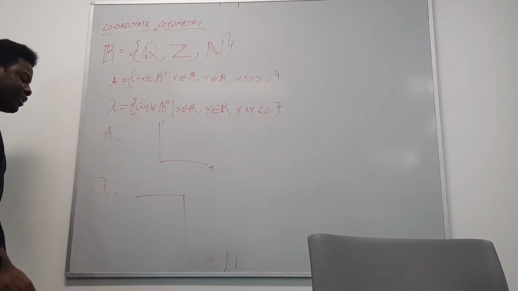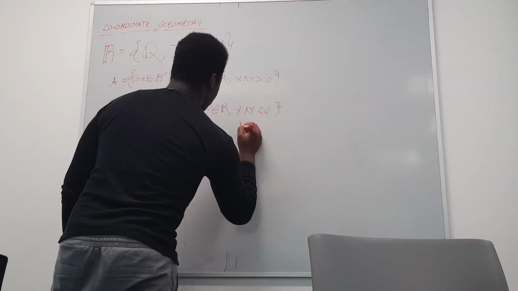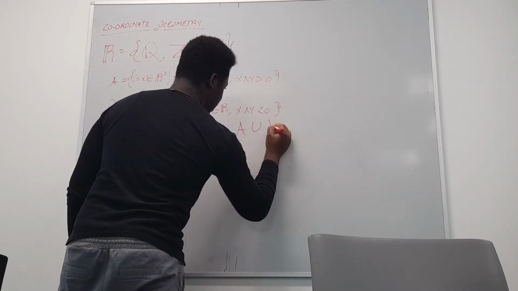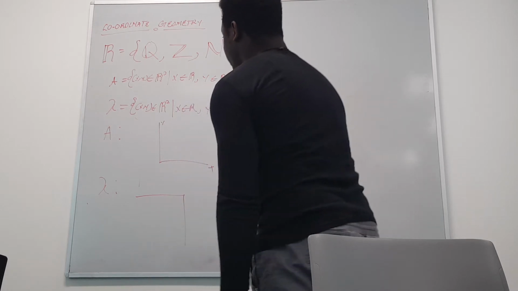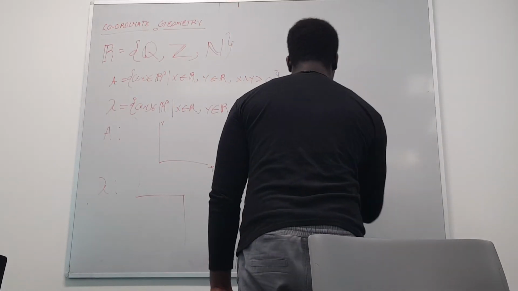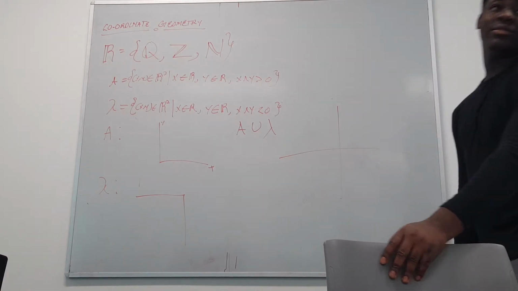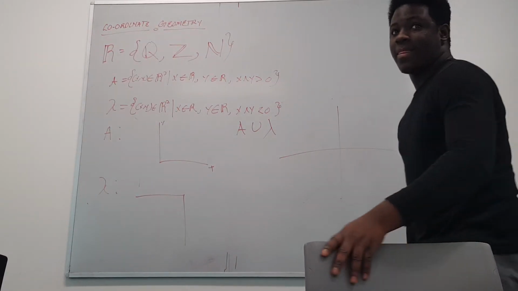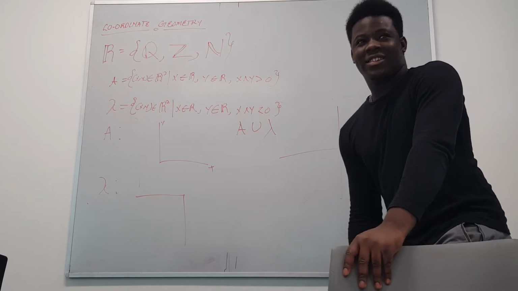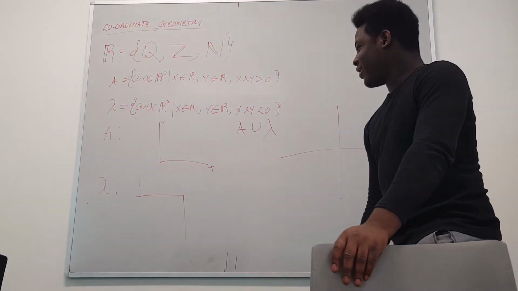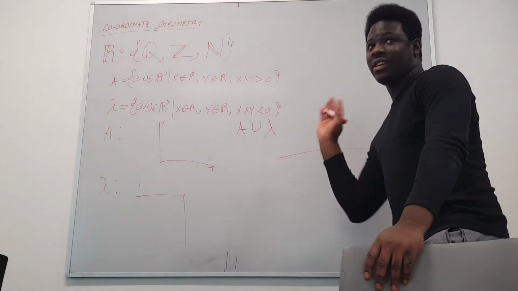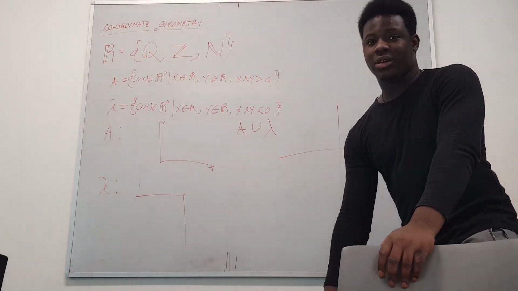If I do A union lambda, it's going to be the whole two-dimensional Cartesian coordinate system. So this will be A union lambda, it's just everything joined together. That'll be the whole Cartesian coordinate system.